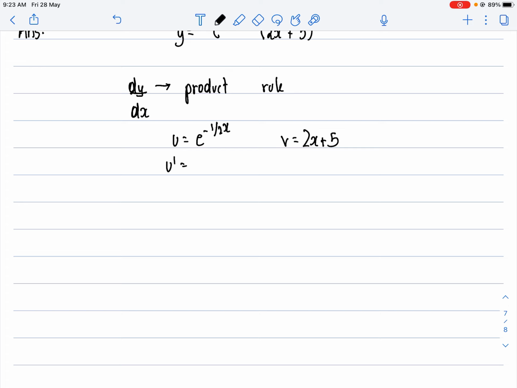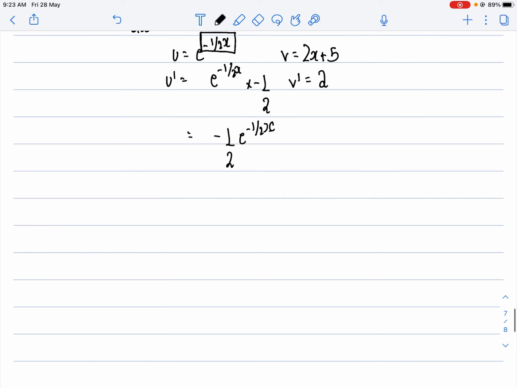The differentiation of e is the same, which is e raised to minus half x, but because of the chain rule we multiply this by the differentiation of minus half x, which is minus half. So I can simply write this as minus half into e raised to minus half x. Got it? Now I get v dash, which is the differentiation of 2x plus 5, which is simply 2.